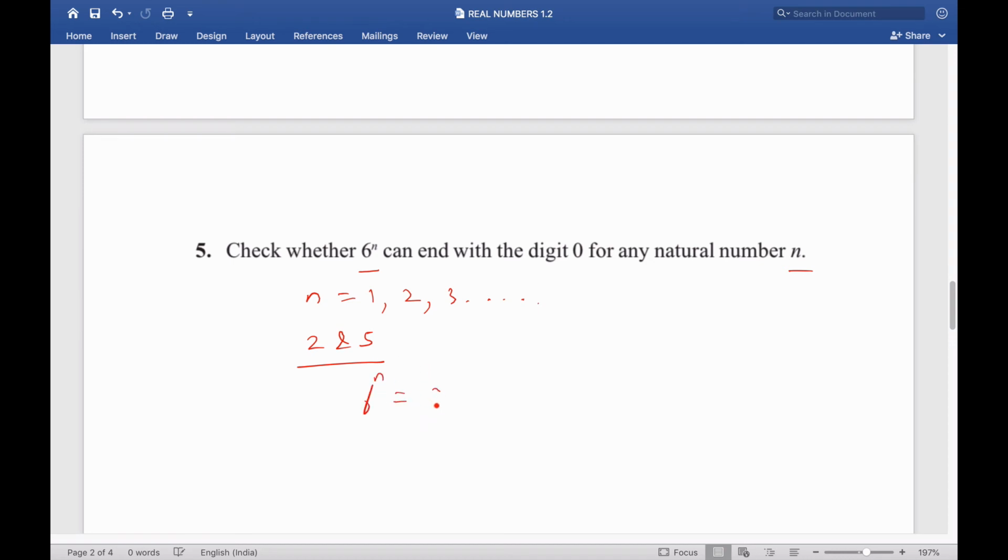6 raised to power n, it will give me 2 into 3 raised to power n. So I can write it as 6 raised to power n is equal to 2 raised to power n into 3 raised to power n.